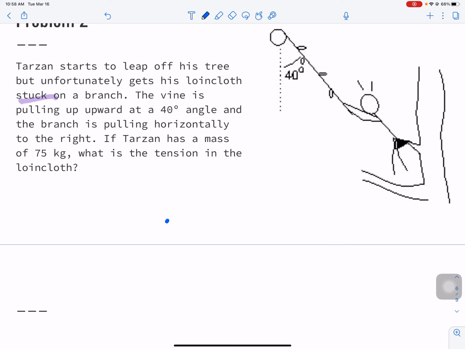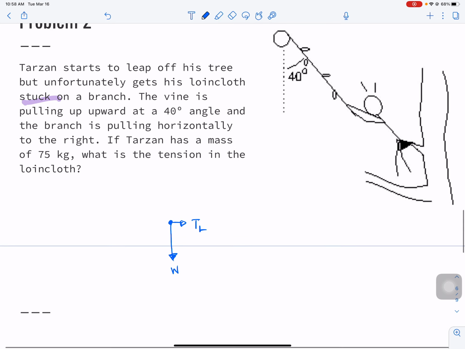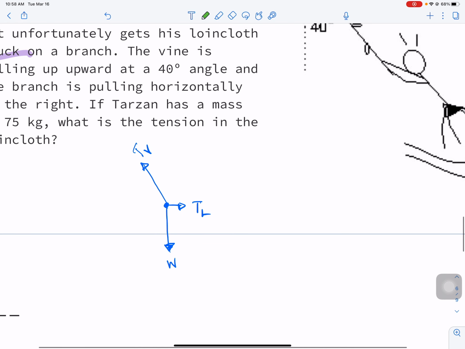And so we know that we're going to have weight down. We know that we're going to have tension in the loincloth to the left. And we are going to have tension in the vine up here. So first step is to find the components.